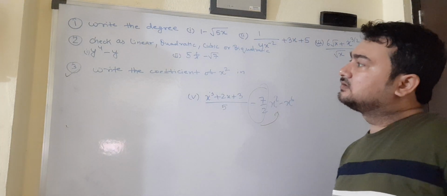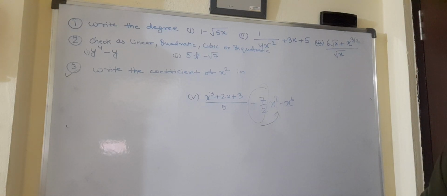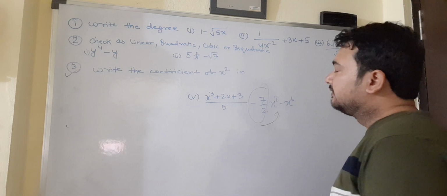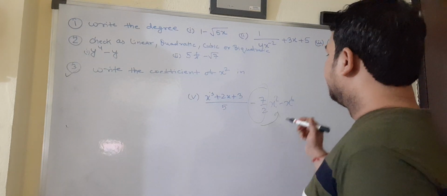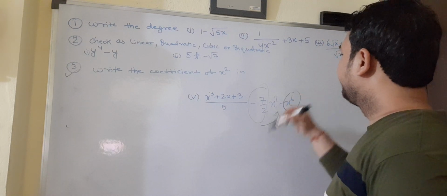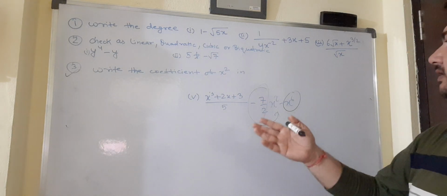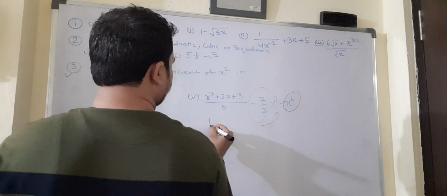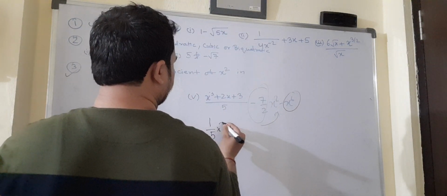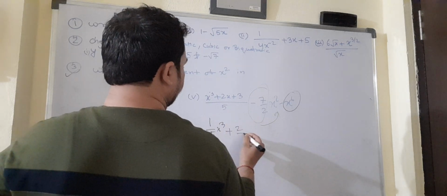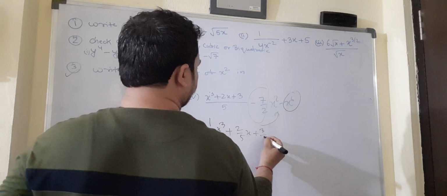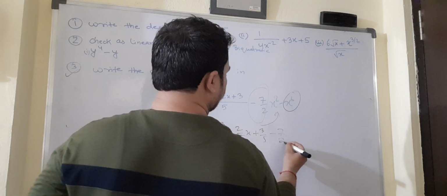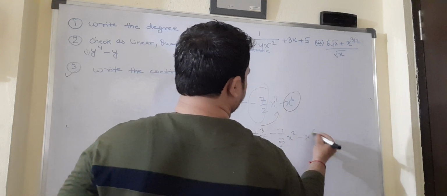But further from this question, if you have to find the degree of the polynomial, the degree will be 6, because of the highest power, if you break it into terms. Let's do it. 1 by 5 x cube plus 2 by 5 x plus 3 by 5 minus 7 by 2 x square minus x to the power 6.